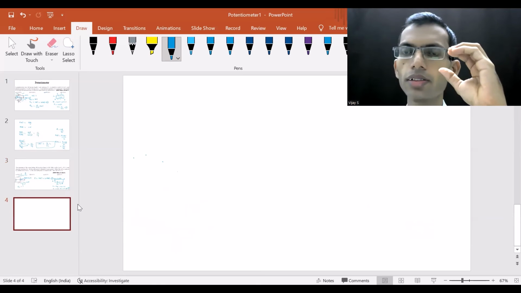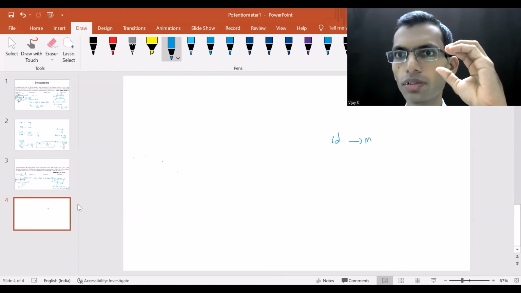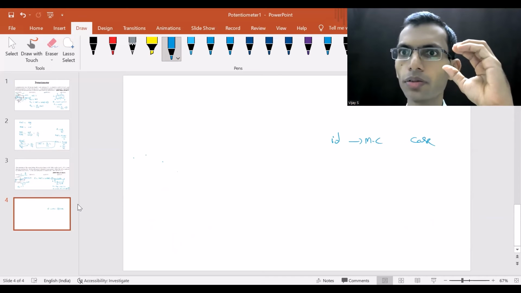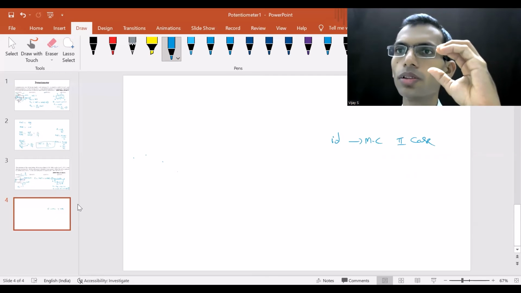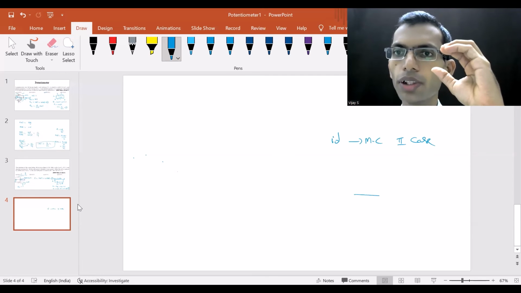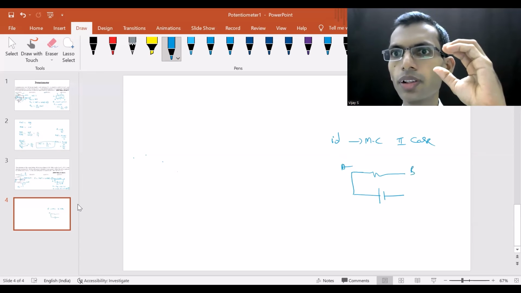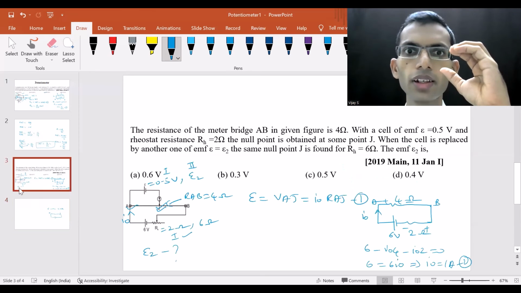Let us consider the second case. Let us say I0 dash is the current flowing through the main circuit for the second case. Let me consider the electrical equivalent of the main circuit: the battery, wire AB, and rheostat resistance, which for the second case is 6 ohm.